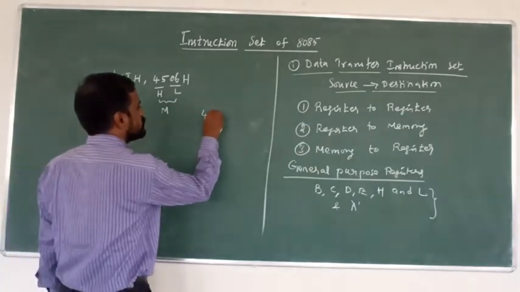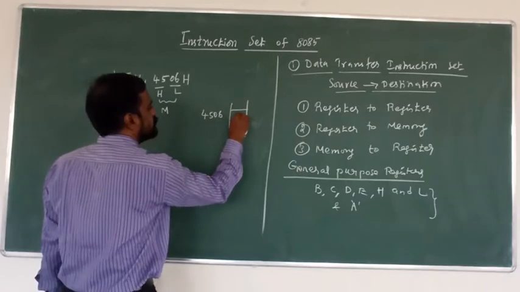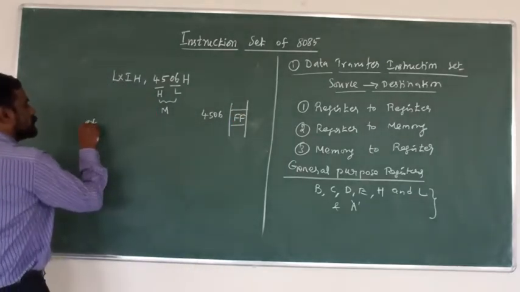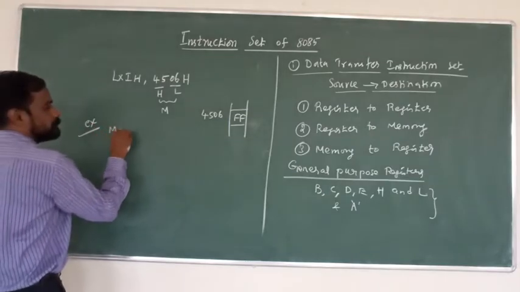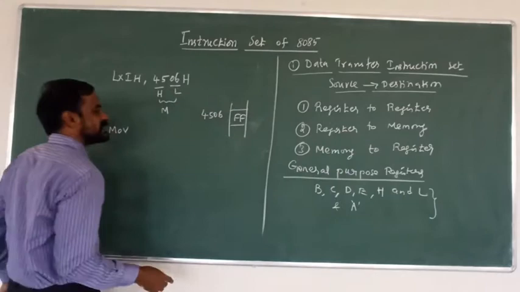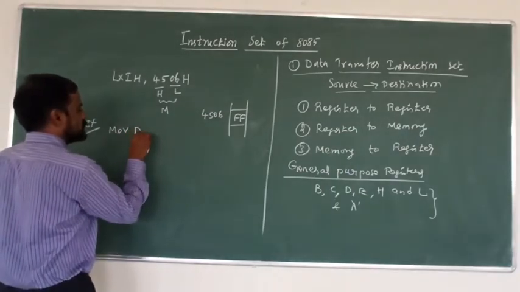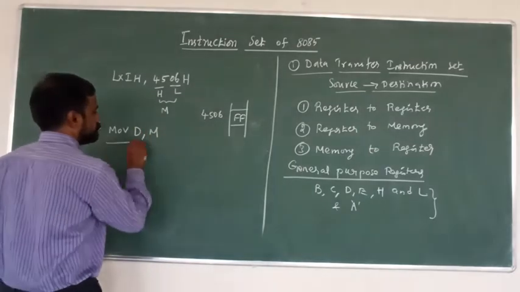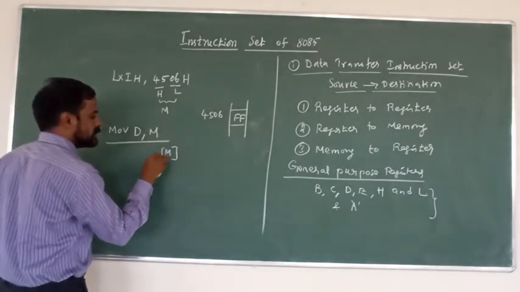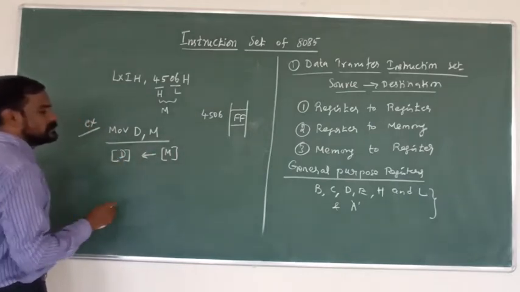Now the 4506 in memory F of data. Okay, now example: move memory to register, D comma M. This is for memory address location data to transfer into D register.